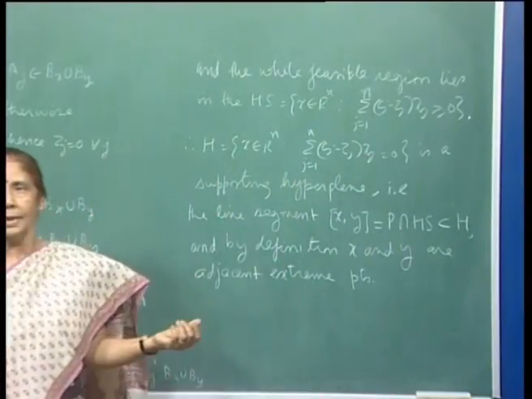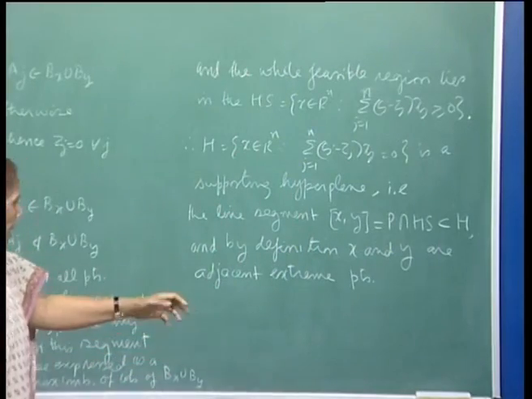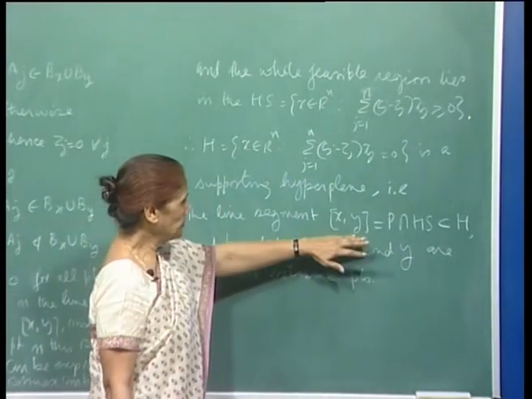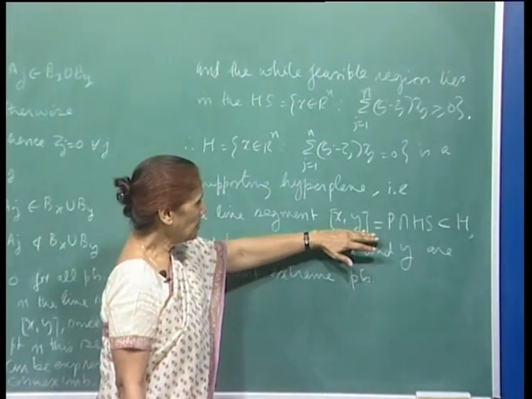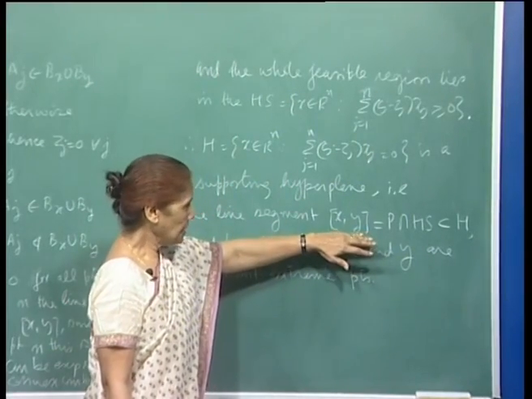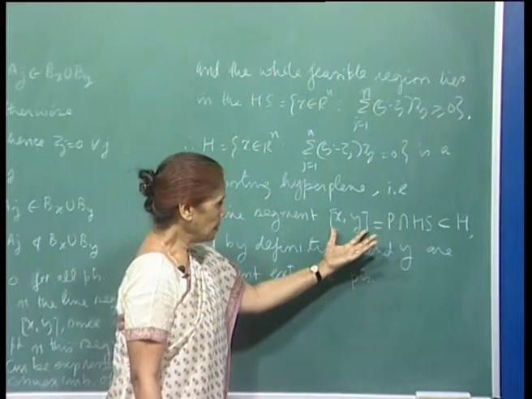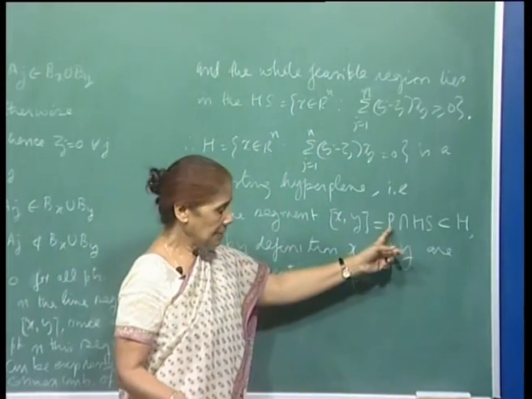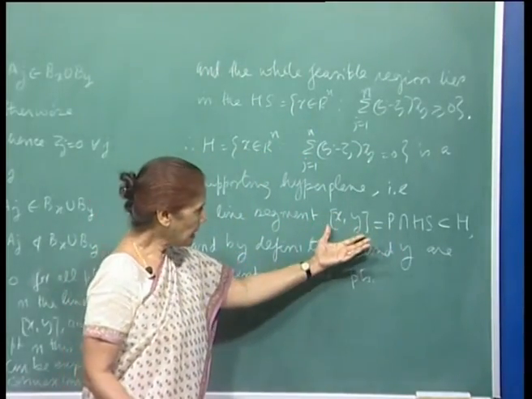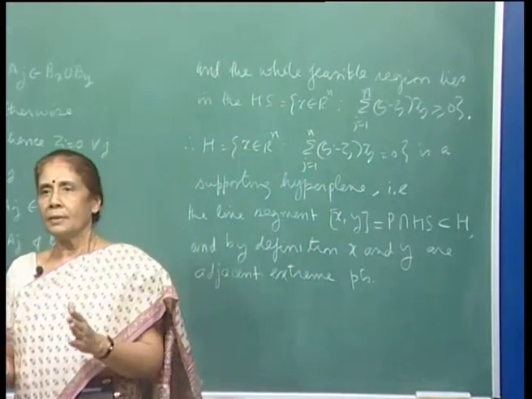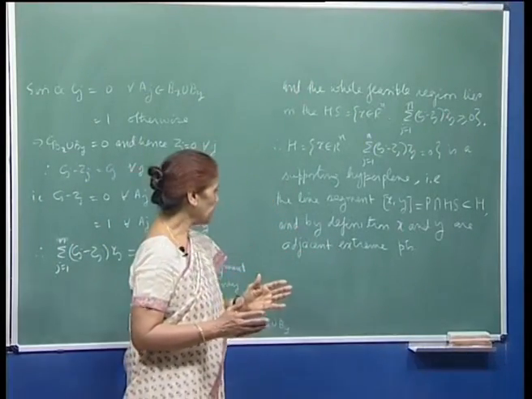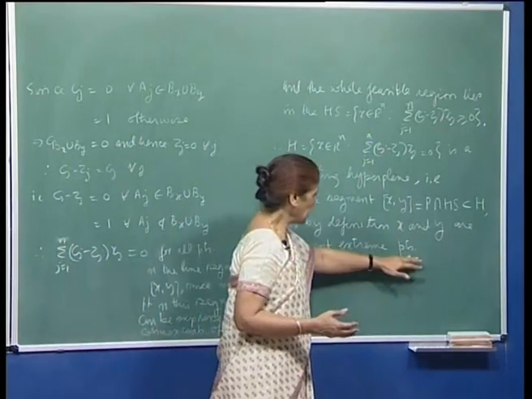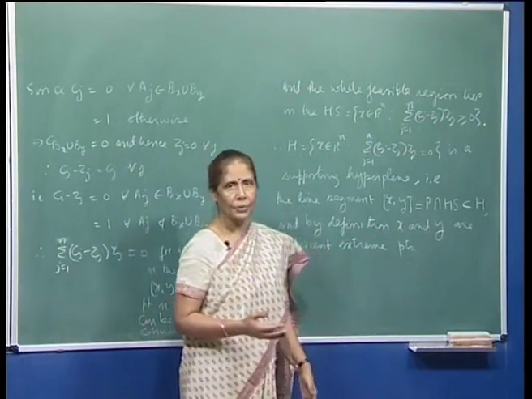We started out with x and y as the extreme points, and now because this hyperplane meets the polyhedron P in the line segment xy, the points x and y are adjacent extreme points. This is what we wanted to show. Okay.